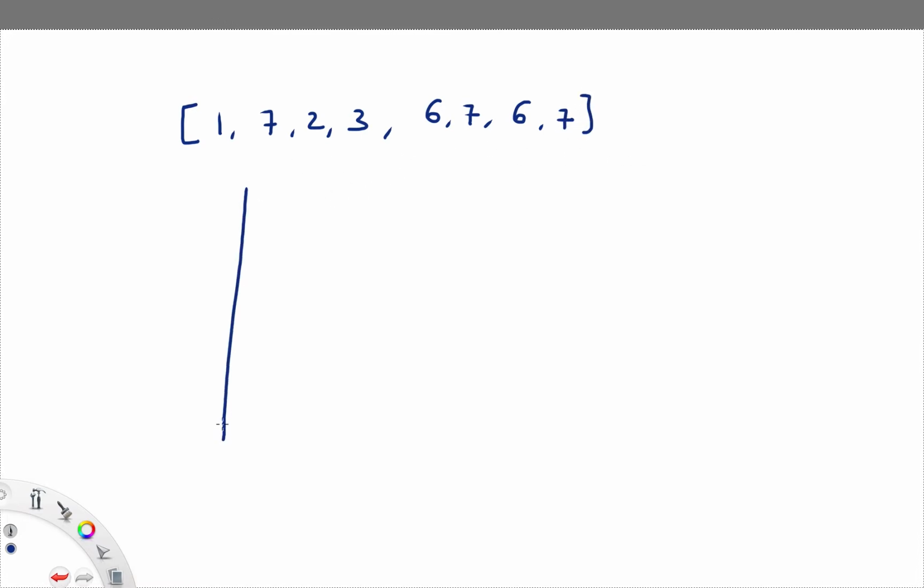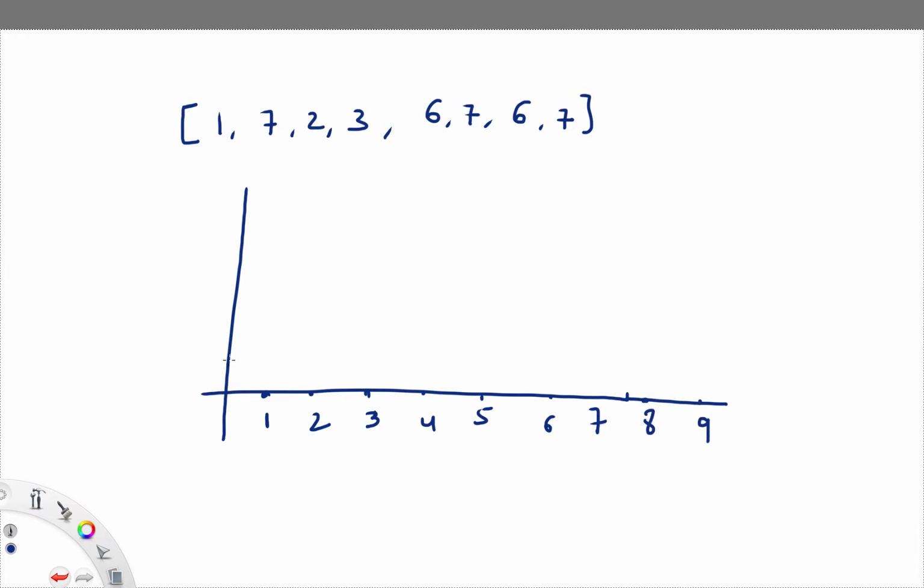If you draw this array on a graph, I have these points 1, 2, 3, 4, 5, 6, 7, 8 for the days, and here let's say we have the prices 1, 2, 3, 4, 5, and similarly 6 and 7.